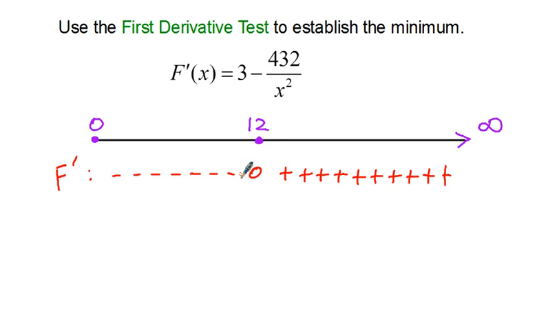Okay, and now we need to formally state what ends up being obvious visually. The function is going to decrease and then increase, and therefore this is a min. But we need to get real formal about this. So the expectation of the College Board with your AP tests is that you write sentences that sound something like the following. Let's see. I'll put around x equals 12.